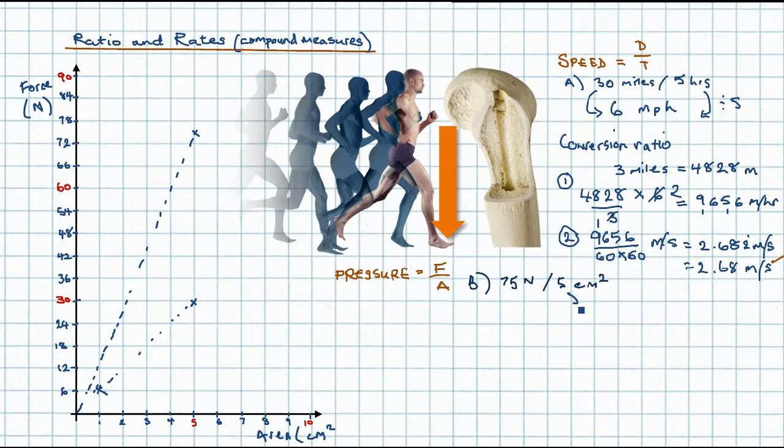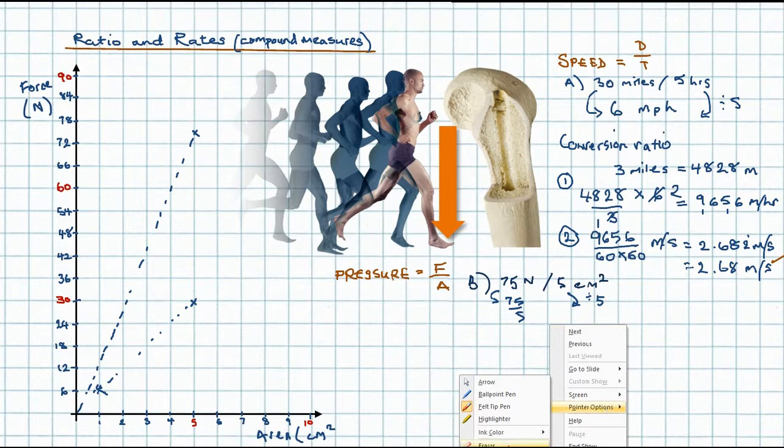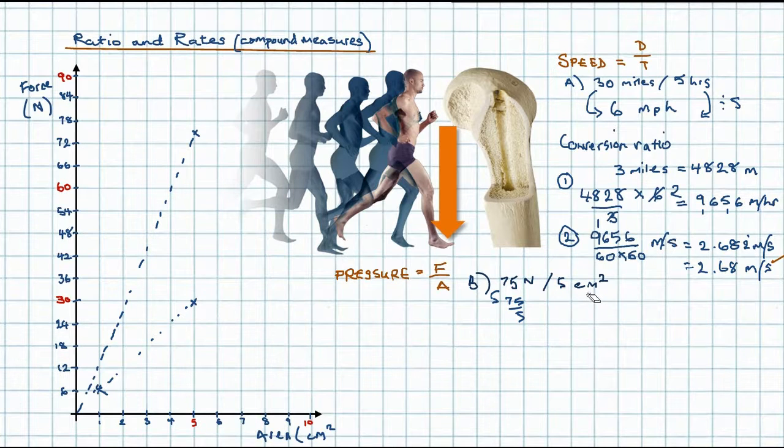This side we've got to divide by 5, and this side then also by 5. So we've got 75 divided by 5 equals 15 newtons per square centimetre, not cubic centimetre, square centimetre.